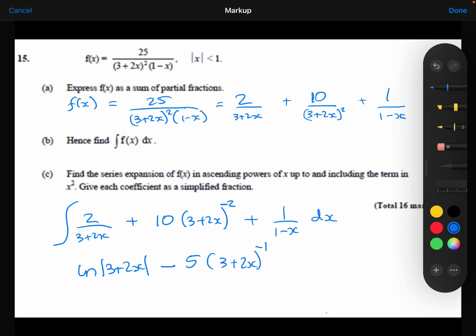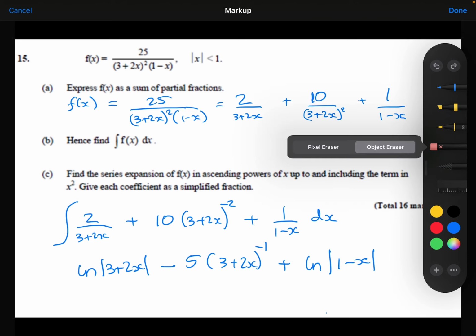And then the third term, we've got 1 over, so that's going to integrate to be a logarithm. But by the reverse chain rule, we have to divide by minus 1, because that's the derivative of the inside function. So dividing that by minus 1 will make this a minus ln 1 minus x.